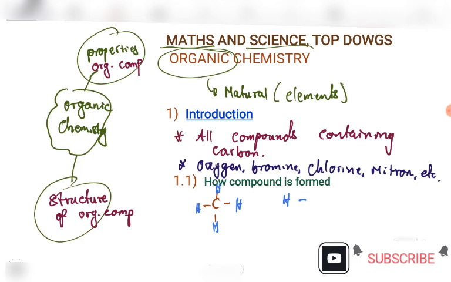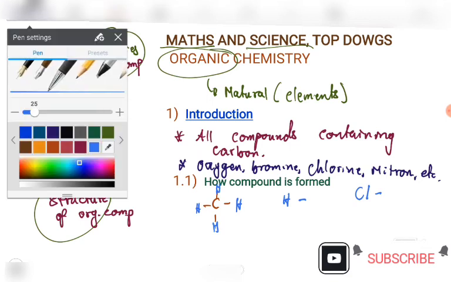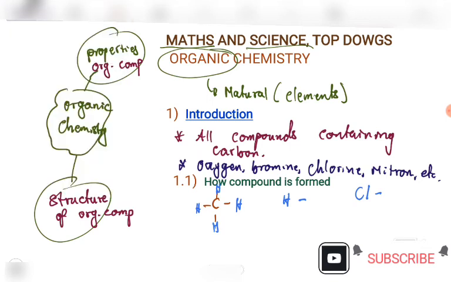Chlorine needs 1, so we can bond hydrogen with chlorine. This is a compound, and also this is a compound. You see how the compounds are formed, right? I hope you understand this.